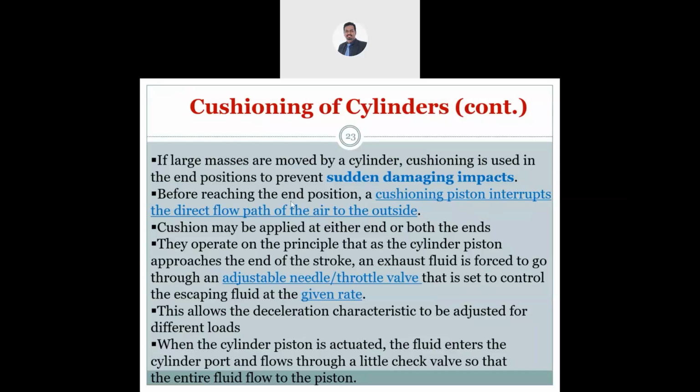So kalau you tengok dekat sini, so you have at the end position, so you have a cushioning piston. Okay, so to direct flow path. Okay, so you are taking the air in order to provide cushioning.